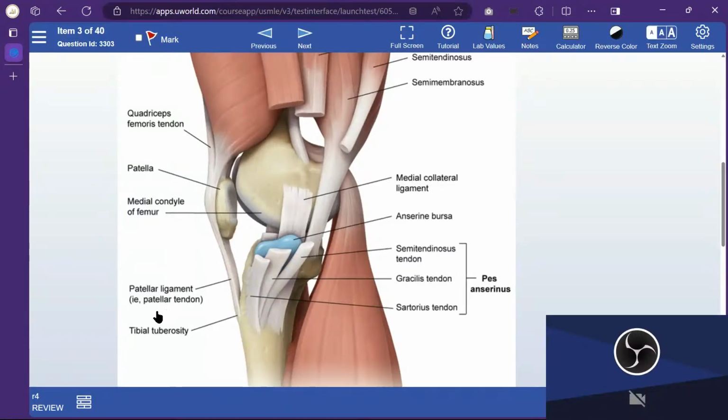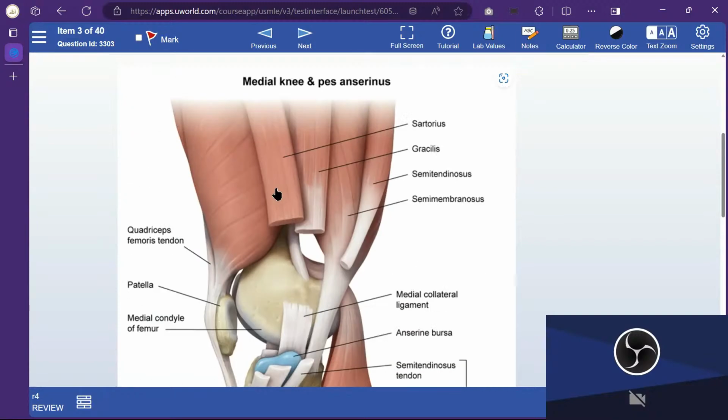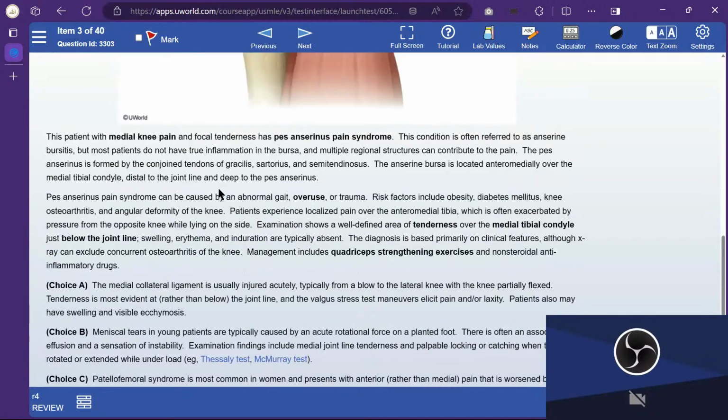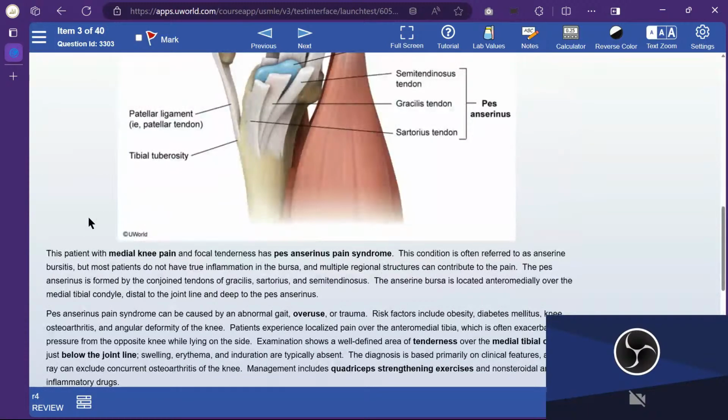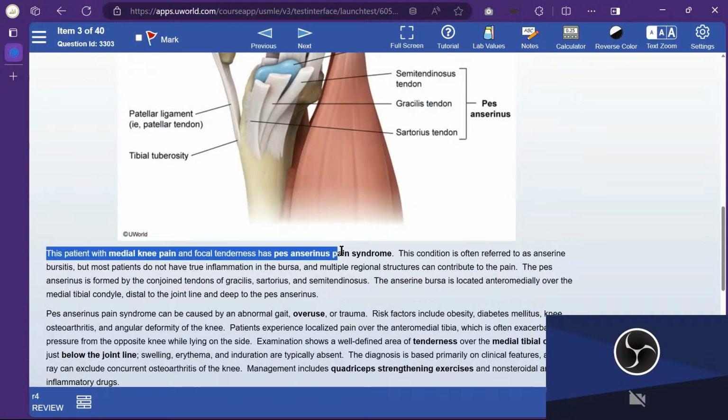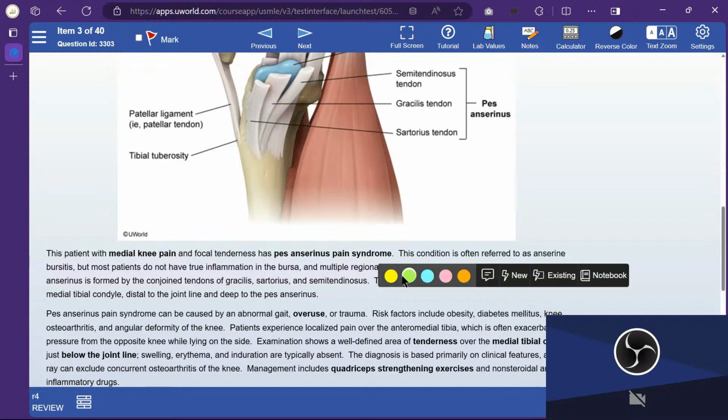This is the patellar ligament. This is the tibial tuberosity. This is the quadriceps femoris tendon. So medial knee pain and focal tenderness suggest pes anserinus pain syndrome.